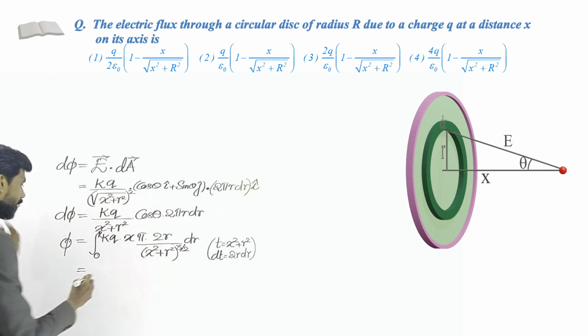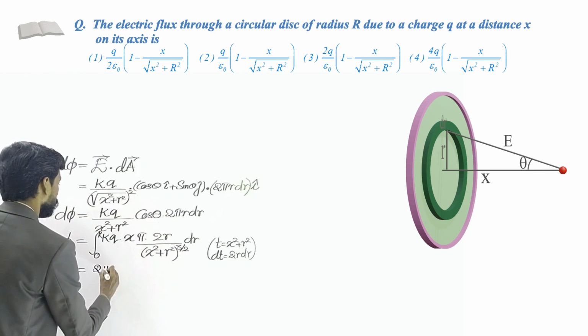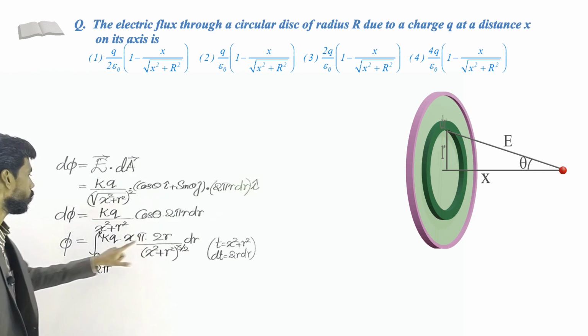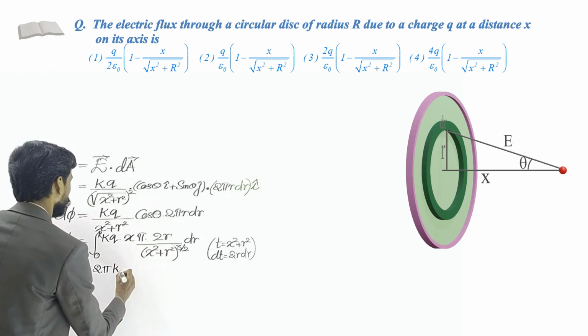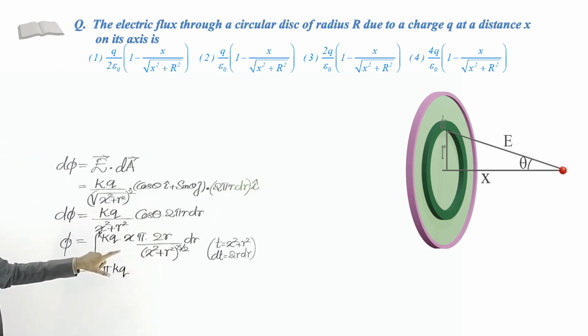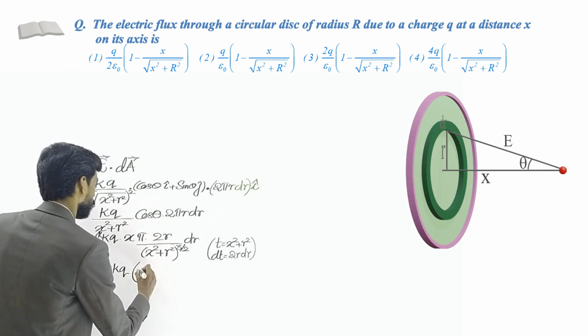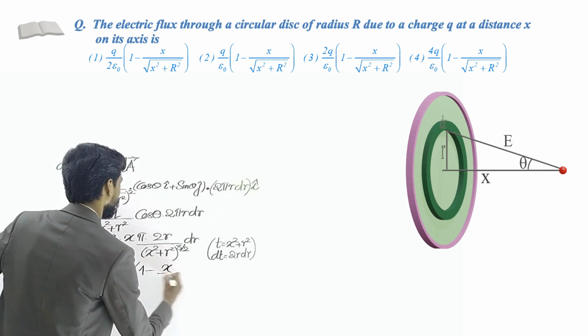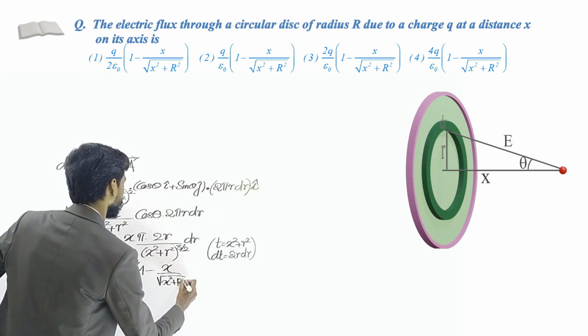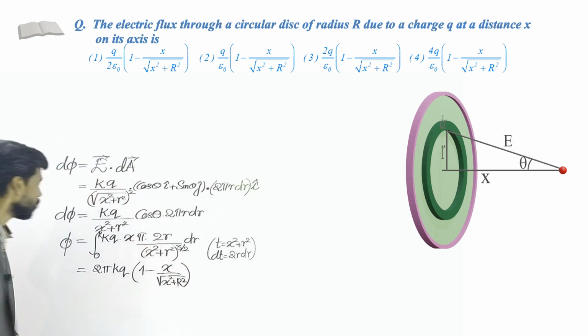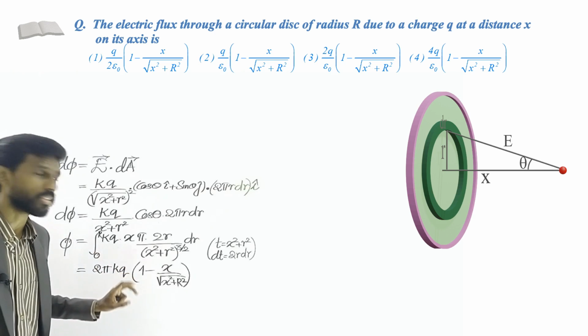So here it is 2 pi kq multiplied by 1 minus x divided by square root of x squared plus r squared. You understand? So this is our required answer, the electric flux.